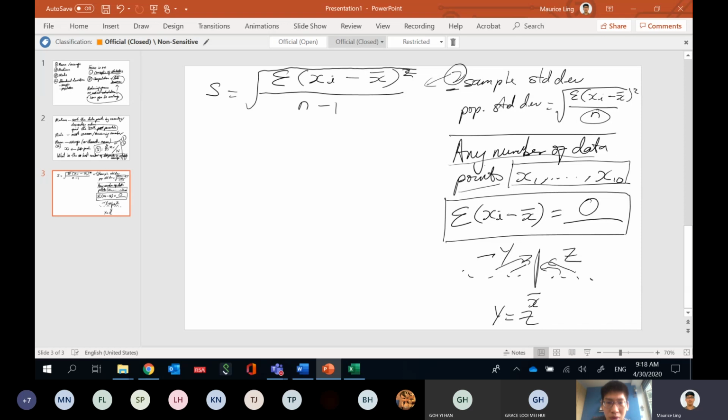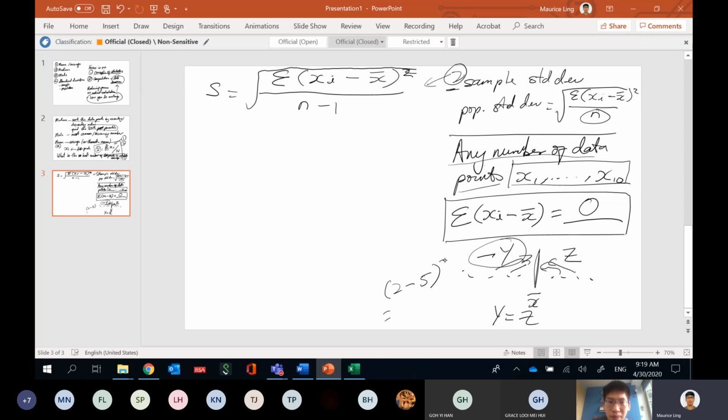So the question I want to ask you is, why do we square and square root in the sample standard deviation? What is the purpose? Is the purpose to get rid of this problem, that means to get rid of the negative sign? So that you don't get 0. If you get 0, nothing works, right? Because let's say the average is 5.